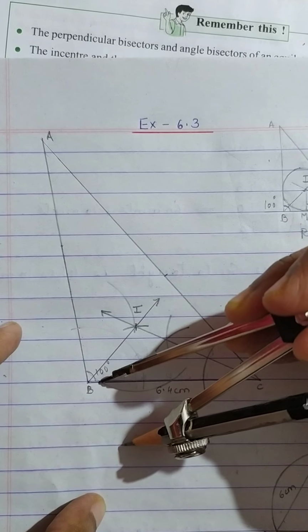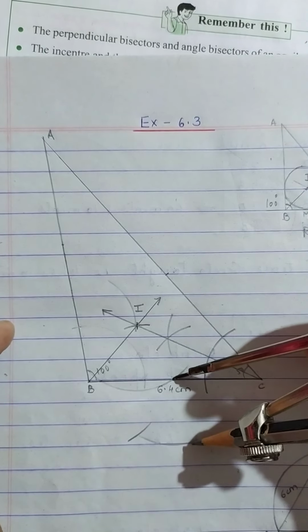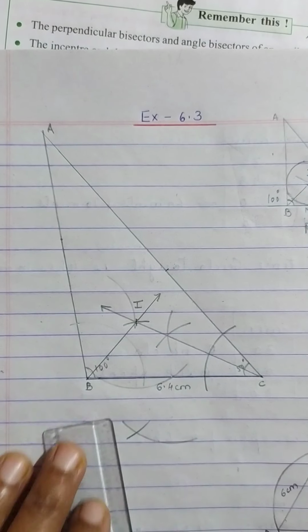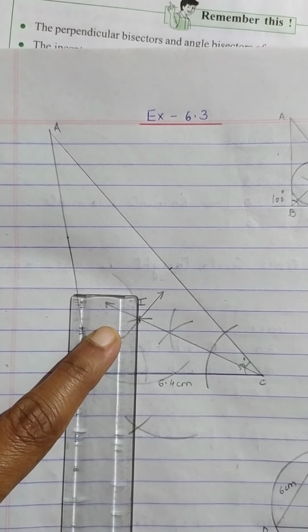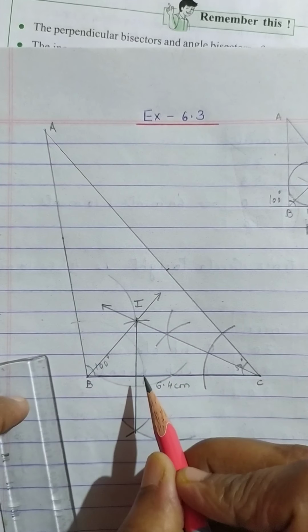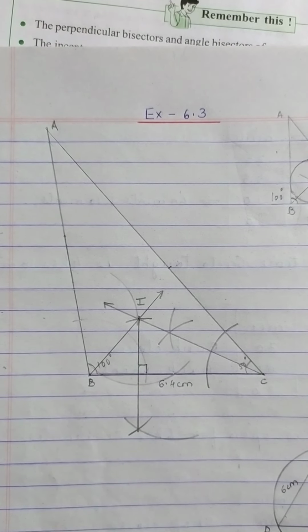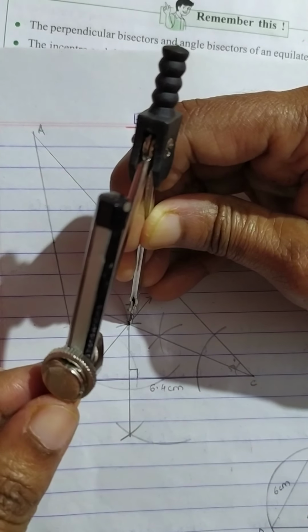Steel point at this point where the arc touches this line, cut an arc. And now where these arcs meet, join it like this. Okay, this is your perpendicular.